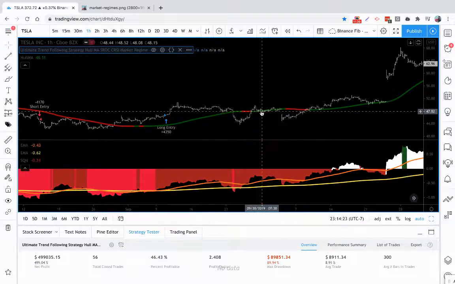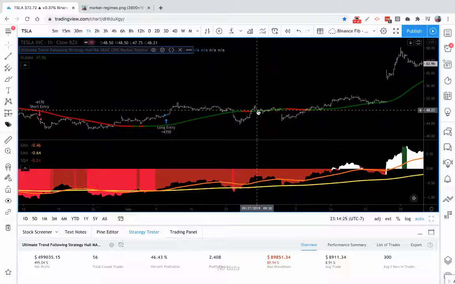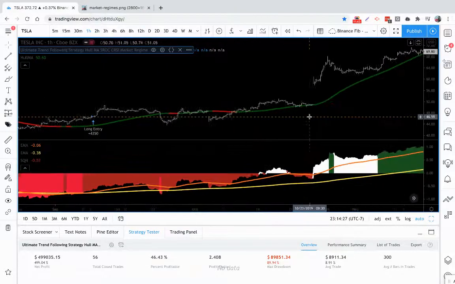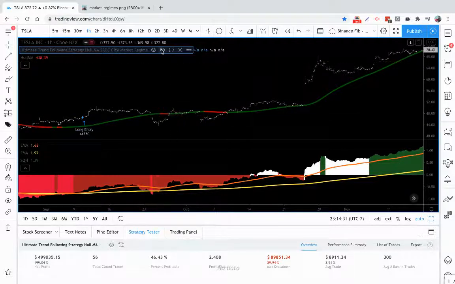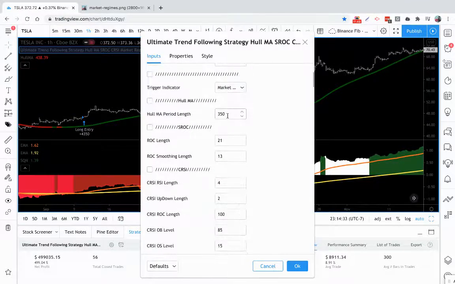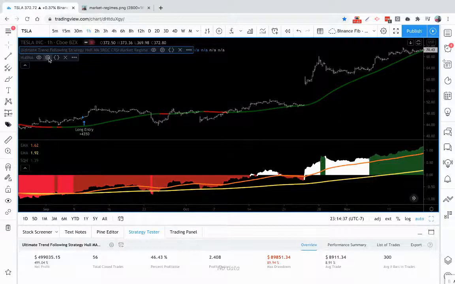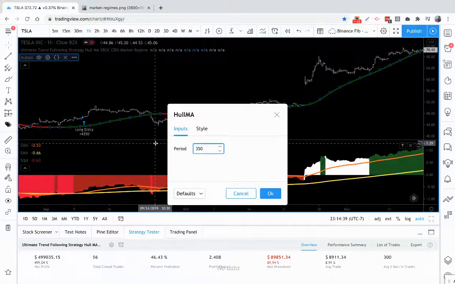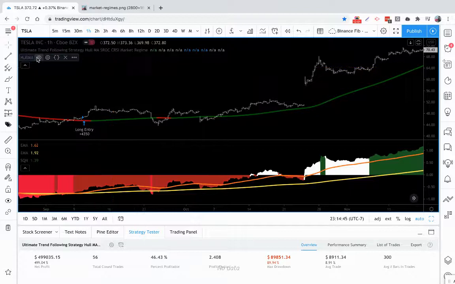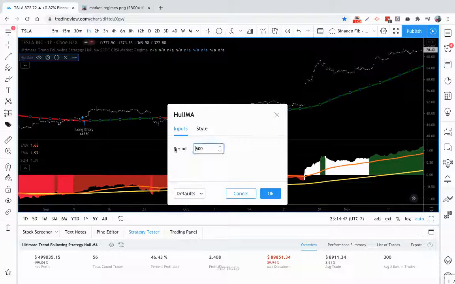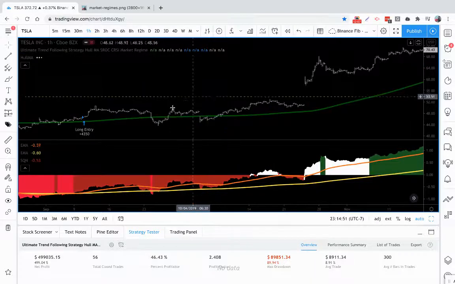Let's say we get stopped out or we have a take profit over here, but we're still in a long. Actually, let me make this a little longer to make it easier to see. Let me change this to maybe like a 600. And let me go even longer, actually. Let's go to 1,000. I get rid of that little red period.